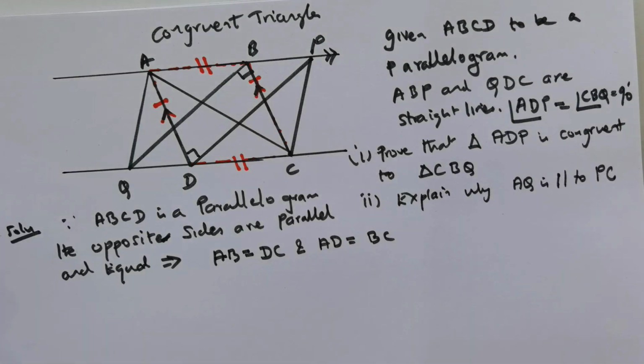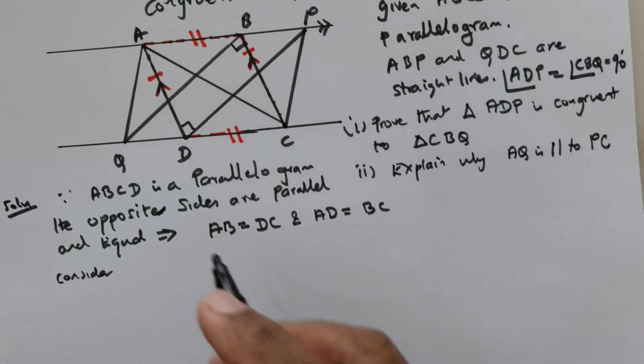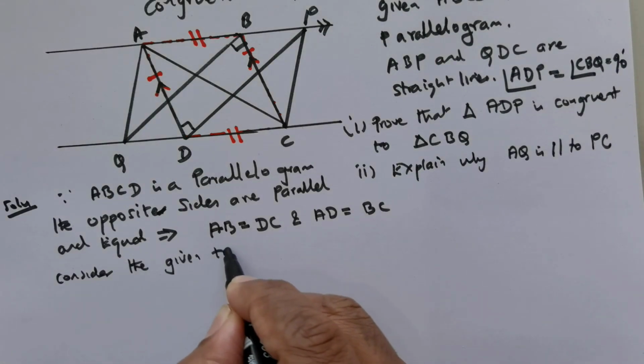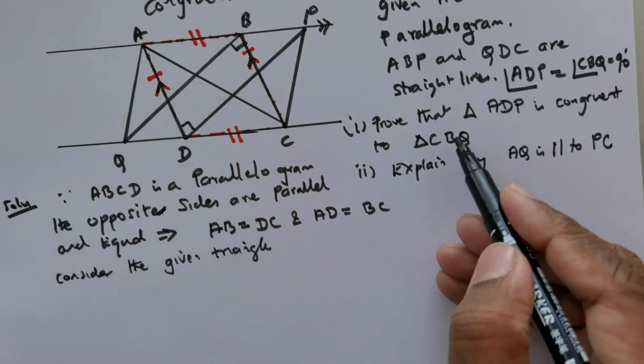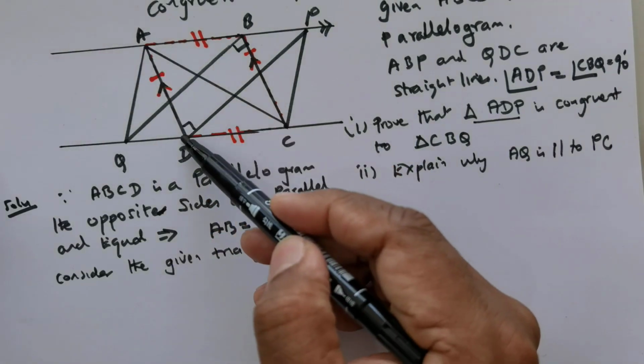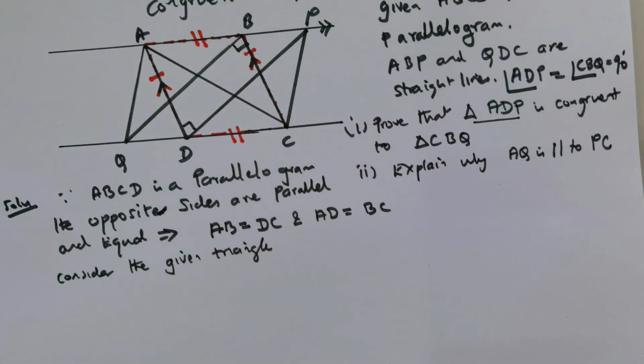Now, having got that, let me now consider the given triangles. So we have to take ADP. So A here, D here, P here. So let me draw ADP.